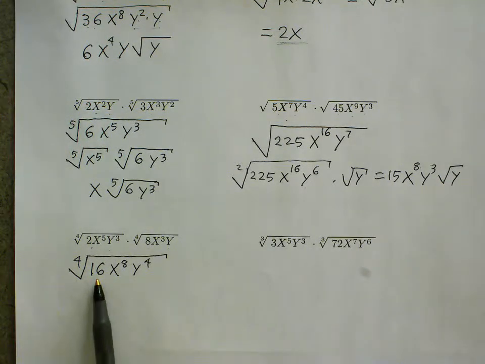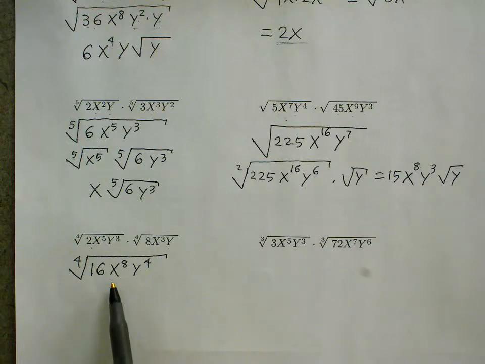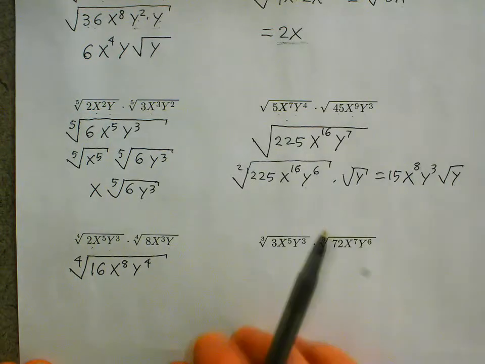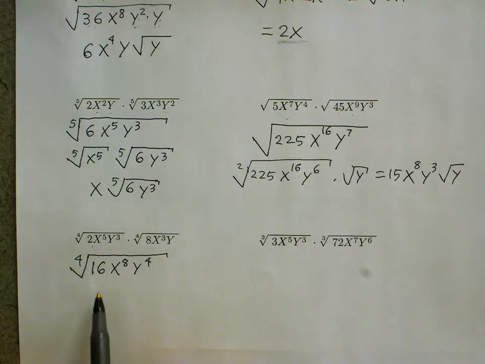16 is a perfect fourth power because 2 to the fourth is 16. X to the eighth is a perfect fourth power because 8 is a multiple of 4. And y to the fourth is also a perfect fourth power. When we're done simplifying this, we will no longer have a radical.